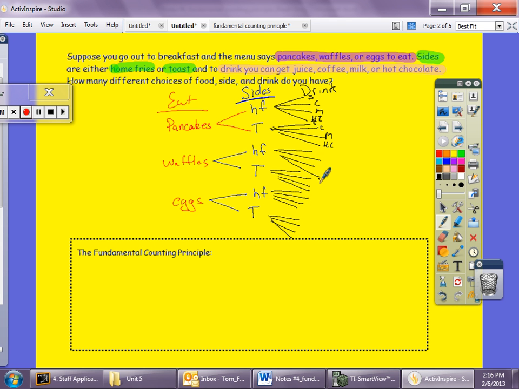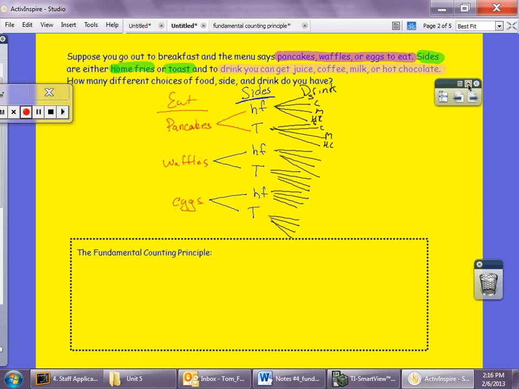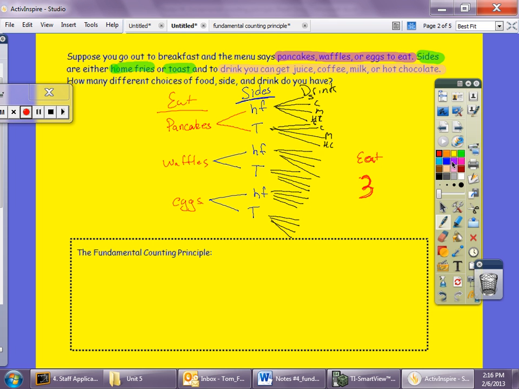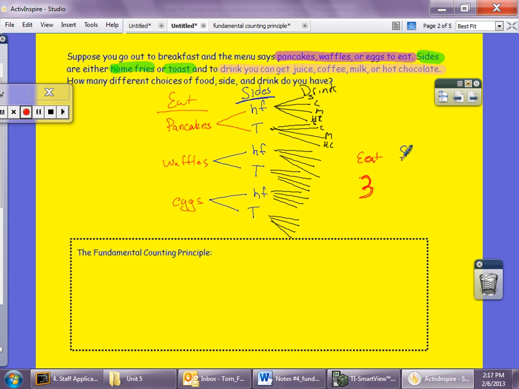Well, if I notice, with my choices to eat, I have three choices. Now for our sides, we have two choices, and then for our drink, we have four choices.